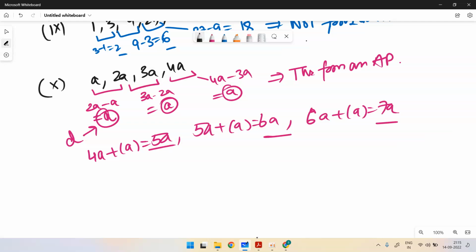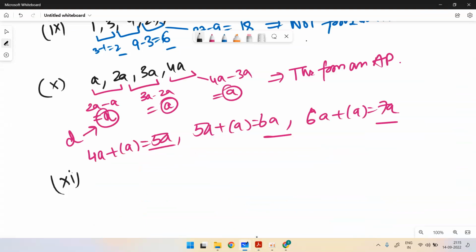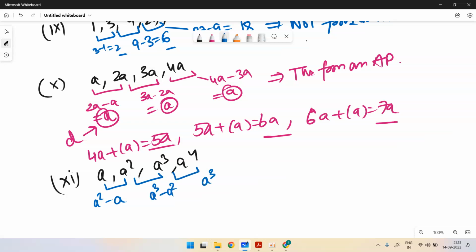What is now the 11th part? The 11th part is A square, A cube, A4. Here the common difference is A square minus A, then A cube minus A square, then A4 minus A cube.